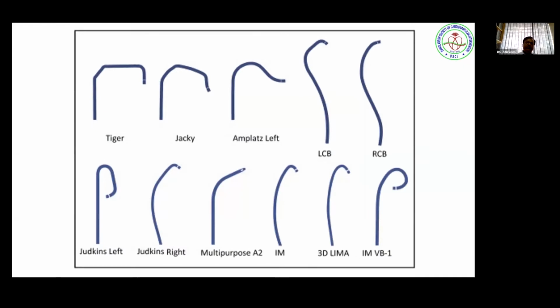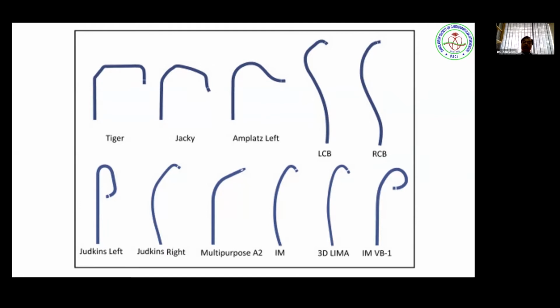There are various types of diagnostic catheter in the market, but a few are commonly used, for radial and also for femoral. For radial, the first choice nowadays is the Tiger catheter, TIG, and if not, we are used to the Judkins right or Judkins left, and after that we think of the multi-purpose catheter by chronology.